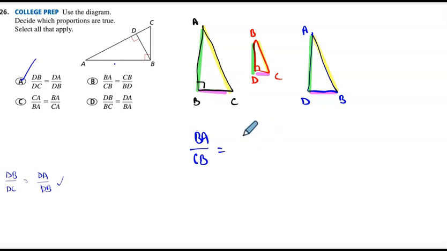CB to BD. So they're using AB and CB. So they're using these. So they're making a ratio of long leg to small leg equal to a ratio of small leg to small leg. That would not work.